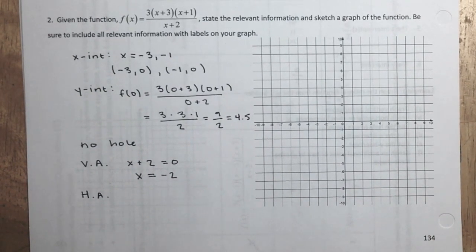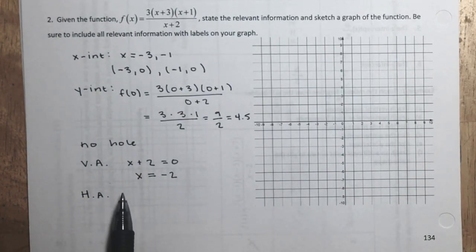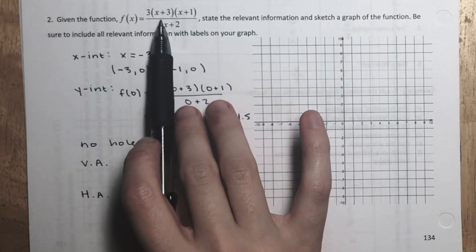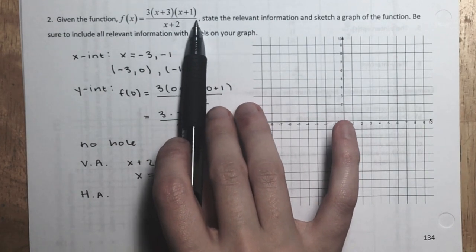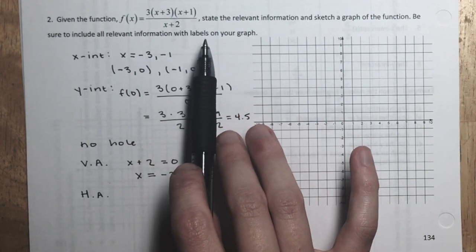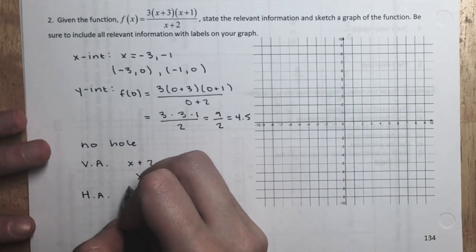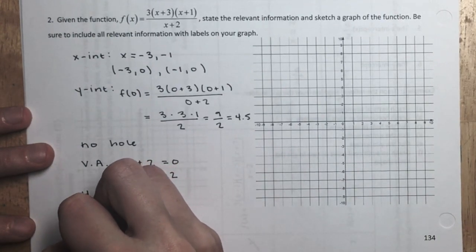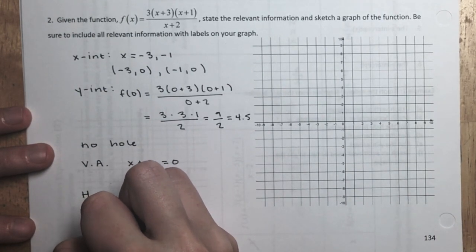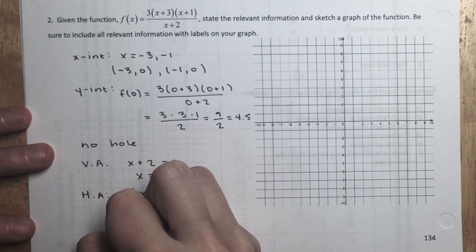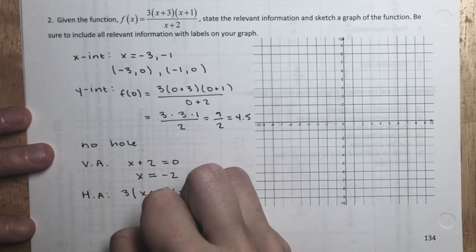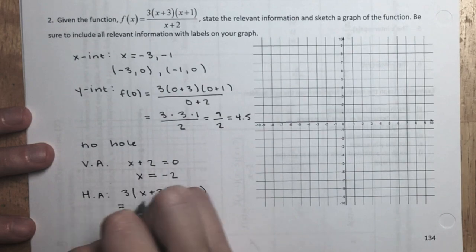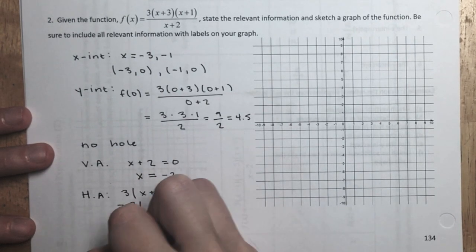All right, so this is the tricky one. So with this one, we need to do the division, which means that we need to FOIL this out and figure out what our numerator looks like. So we FOIL out these two guys, the 3's along for the ride.